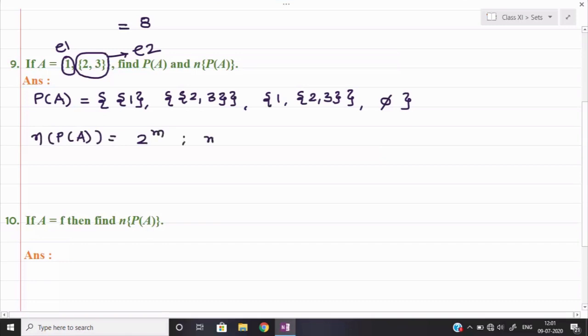The value of m is 2. How many elements are given in the set? One is 1 and the second one is curly bracket 2 comma 3. So the value of m is 2. So 2 to the power 2 will be equal to 4, and you can count the total elements I have written here, 4 only. First one is 1, second one is 2 comma 3 in the curly bracket, double curly bracket, third one is 1 comma and 2 comma 3, and the fourth one is 5.